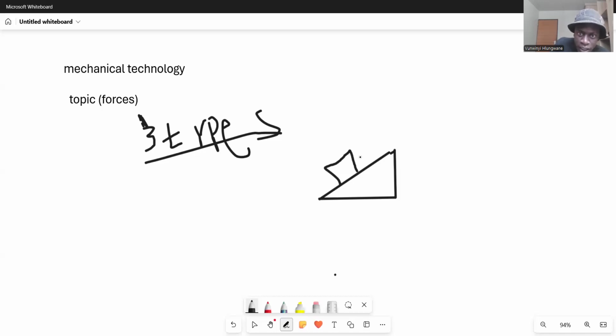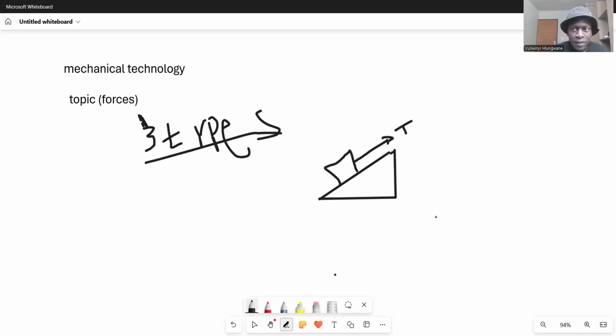It can be pulled upwards, it can pull upward like this. This is the example of pulling force. We can call it T, tension, because it's pulled by tension.